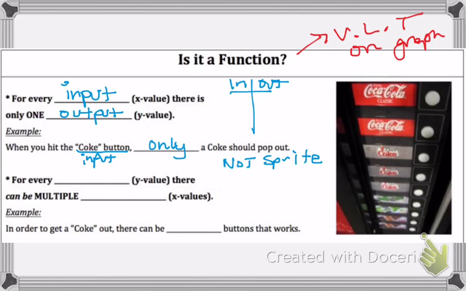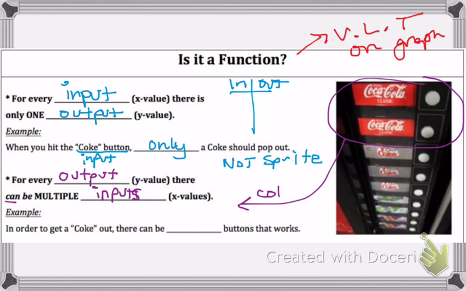Now, we can have multiple Coke buttons. So for every output, there can, not always, but there can be multiple inputs. So that's where you see over here that you have like two different Coke buttons. They will both give me a Coke.